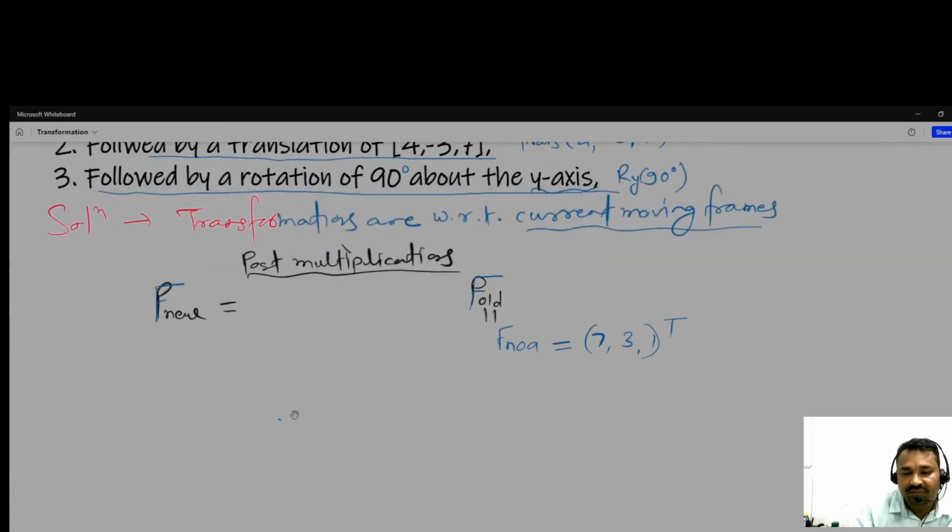If you remove the T, you can write it in matrix form as 3 2 1. That means the row changes into a column.